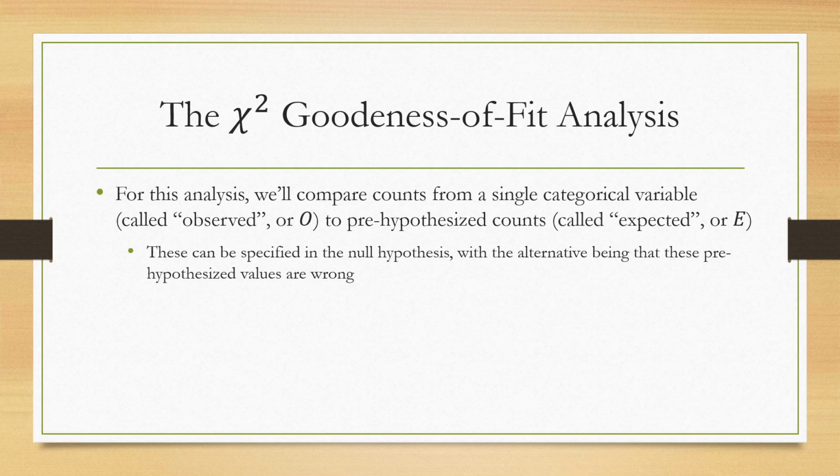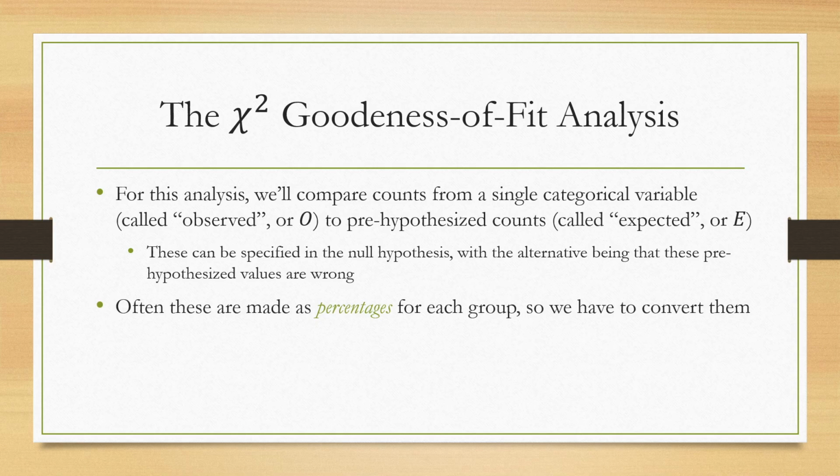Now, these pre-hypothesized values are typically listed in the null hypothesis, where the percentages, or proportions, the decimal version of percentages, are listed. And the alternative is going to be that these pre-hypothesized values are wrong. Percentages are often used so that we don't have to have specific counts.